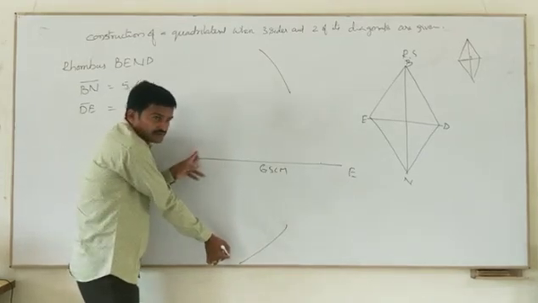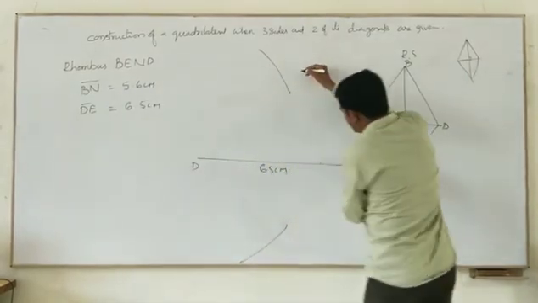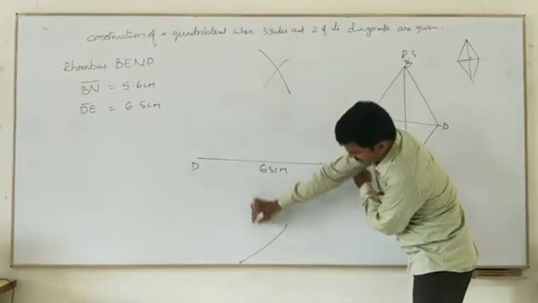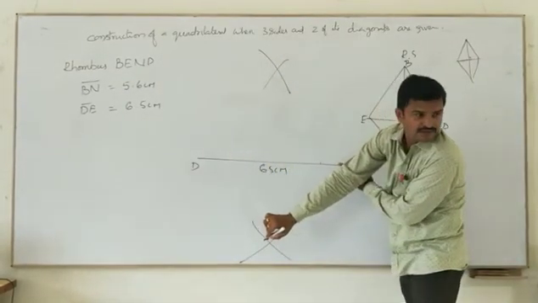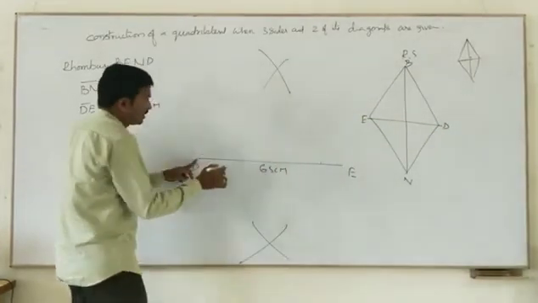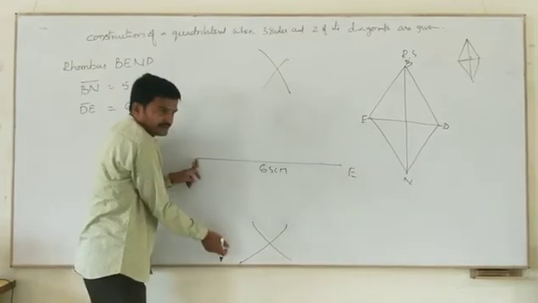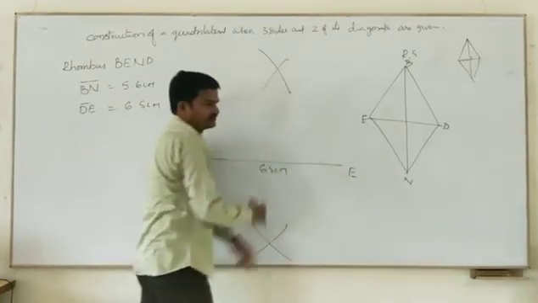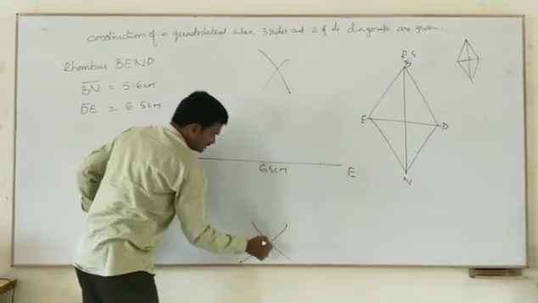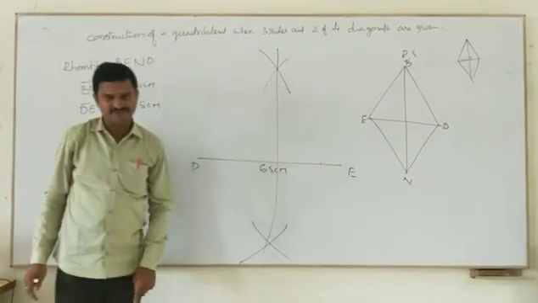Are you following? With the same radius, from E also draw arcs like this, on either side of DE. Now join this point and this point; definitely it should be a perpendicular bisector.